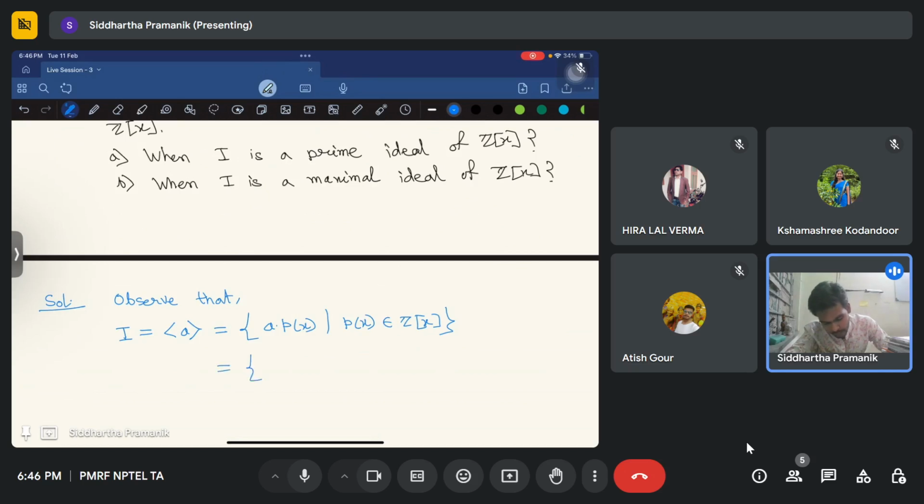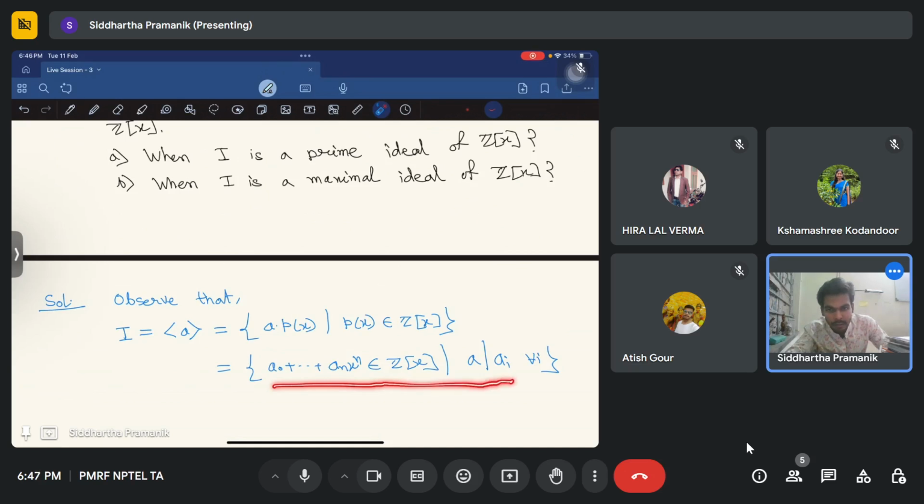This is the set of all those polynomials a0 plus ... plus an x to the power n in Z[x] such that a must divide all the coefficients ai, because every polynomial is a multiple of a, so all the coefficients are also multiples of a. So this is the set of all polynomials whose coefficients are all divisible by a.